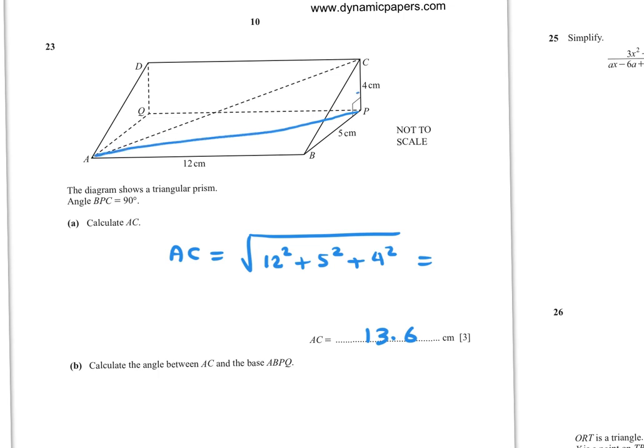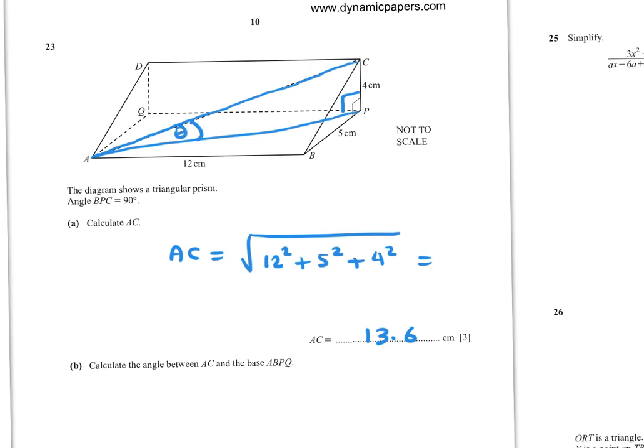Now in this triangle CBA, a right angle triangle, we have AC. We need to find the angle between AC and AB, this angle, in this right angle triangle.